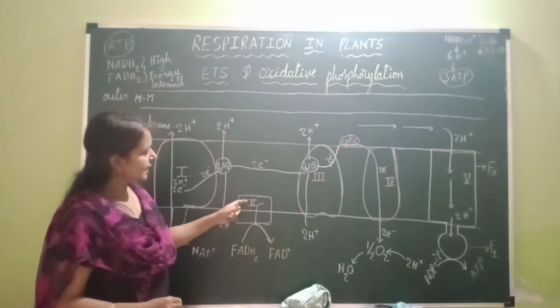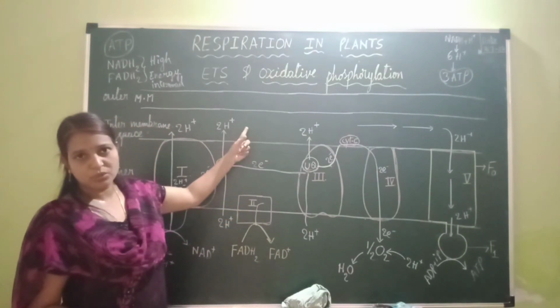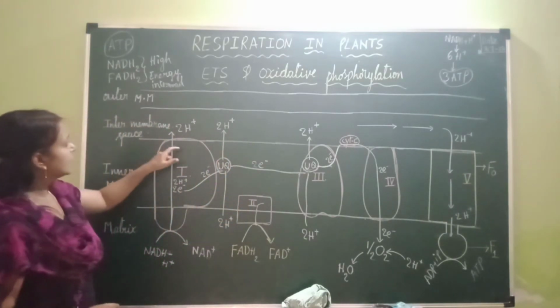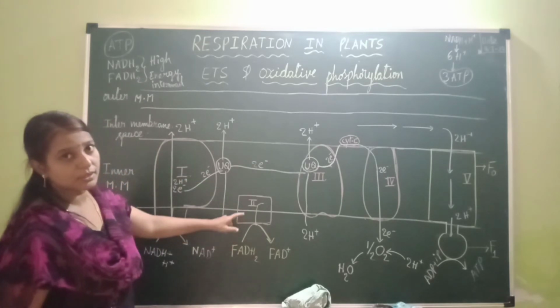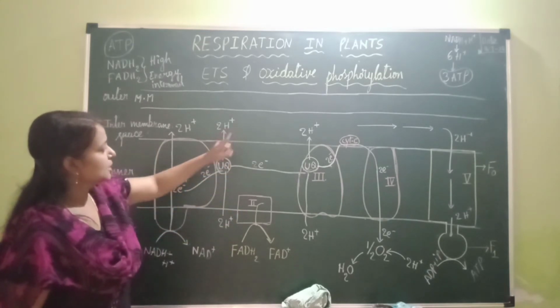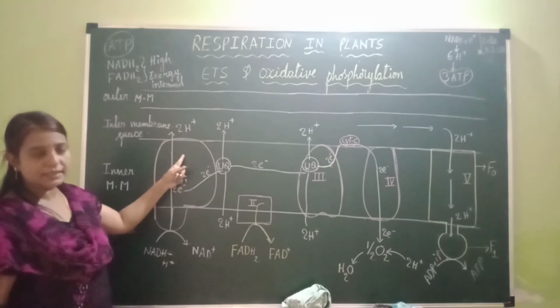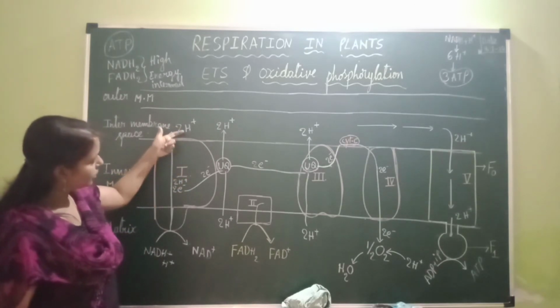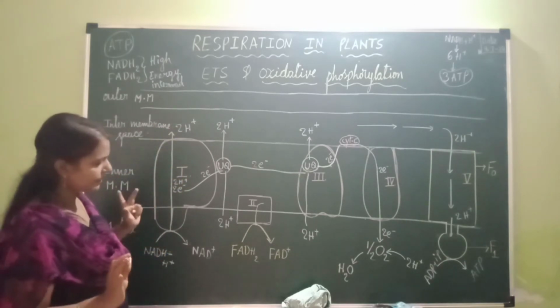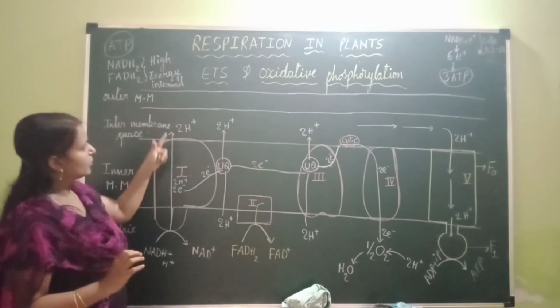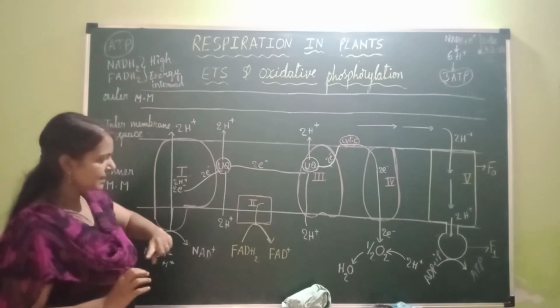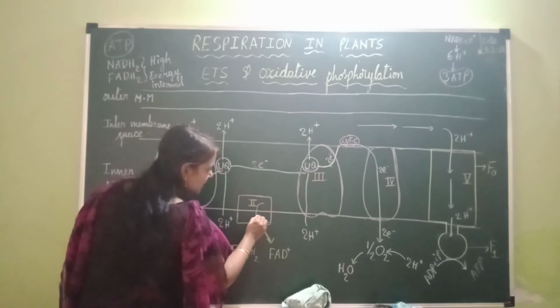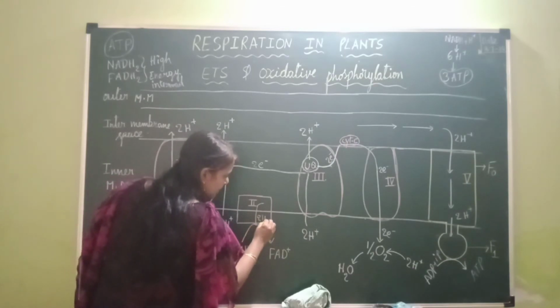This second complex cannot pump protons into the intermembrane space because it is facing only the matrix. It is not facing the intermembrane space. Whereas the first complex faces both the intermembrane space and the matrix, hence it can pump protons into the intermembrane space. The second complex cannot pump these protons.